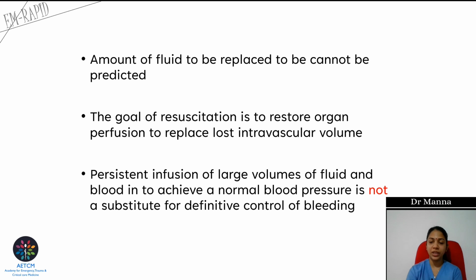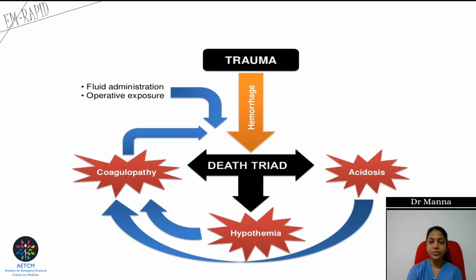And if the patient is not improving with that, then we will have to immediately involve the surgeons and plan for a surgery. So this is the lethal triad. If the patient has trauma and we are not acting properly, this patient will go into the lethal triad, that is coagulopathy, hypothermia and acidosis.